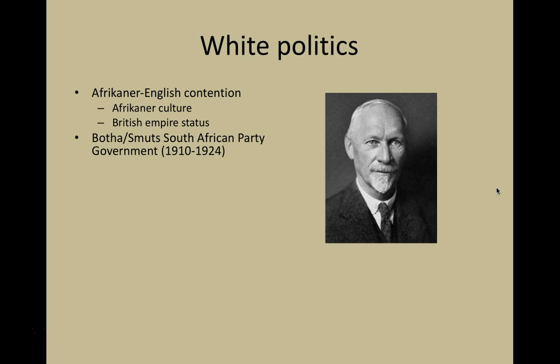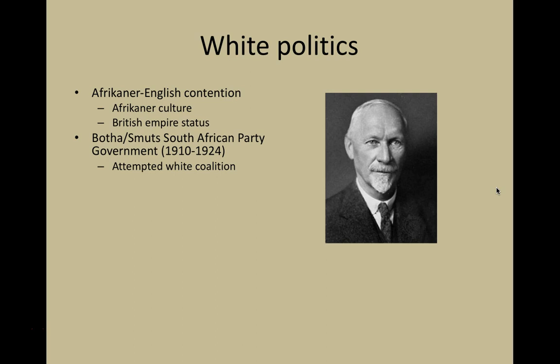Botha and Smuts lead the South African Party government in their control of Parliament from 1910 to 1924. Botha dies in 1919. Smuts takes over as the Prime Minister, but really their policies continue across the reigns of these two figures.